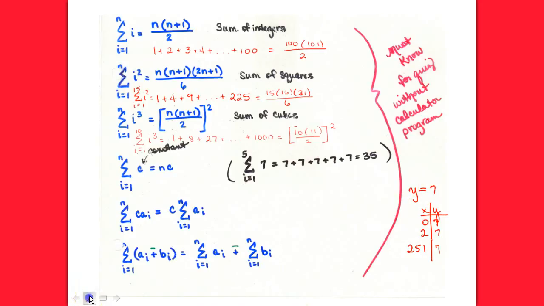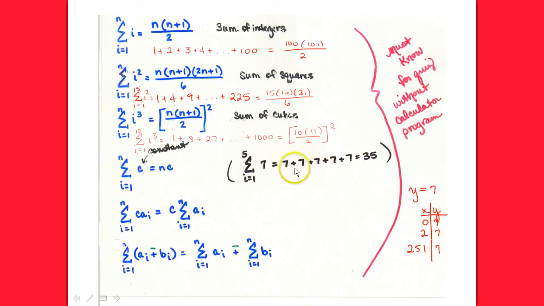The same concept is going on when I have a summation of a constant. This says put 1 in for i. I don't have an i, so it's completely unaltered. I just get the value of 7. So when I plug in 1, I get 7. When I plug in 2, I get 7. When I plug in 3, I get 7. Plug in 4, plug in 5.